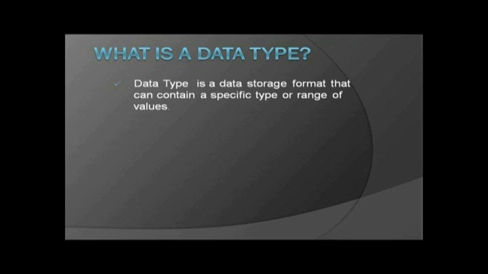A data type is a type of data. Of course, that is a rather circular definition and also not very helpful. Therefore, a better definition of a data type is a data storage format that can contain a specific type or range of values.